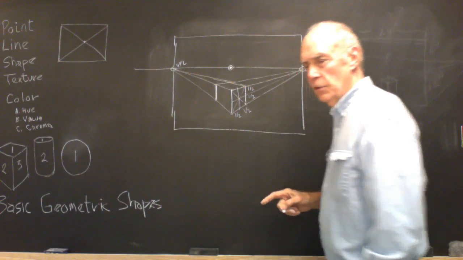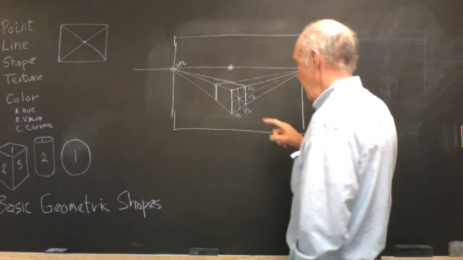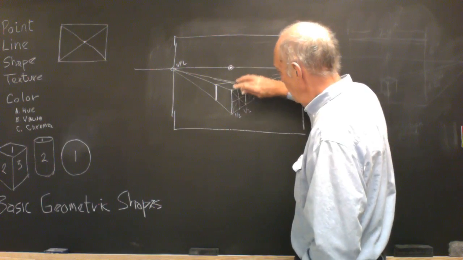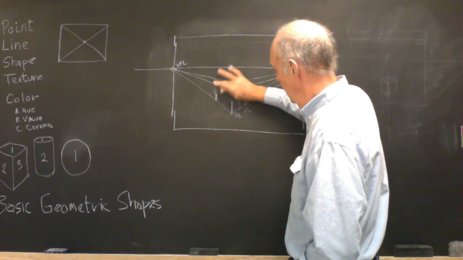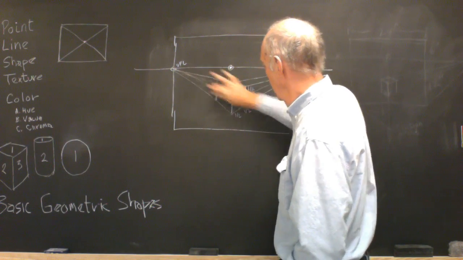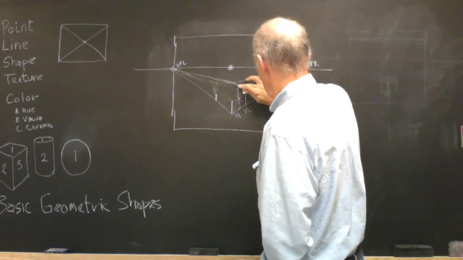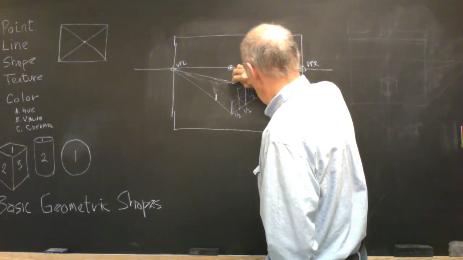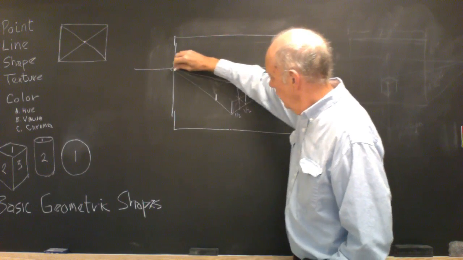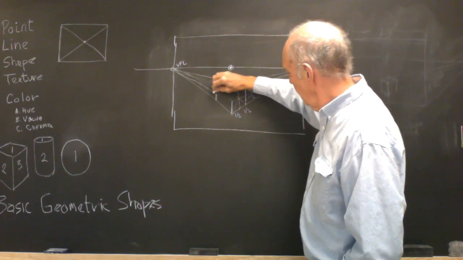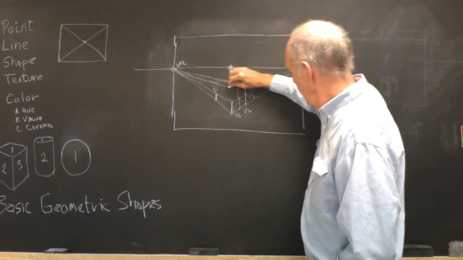Now what I want to do is make a step. Just make a step. And I'll do that by first erasing these lines right here. And draw construction lines to that vanishing point over there, and the construction lines to that vanishing point over there.